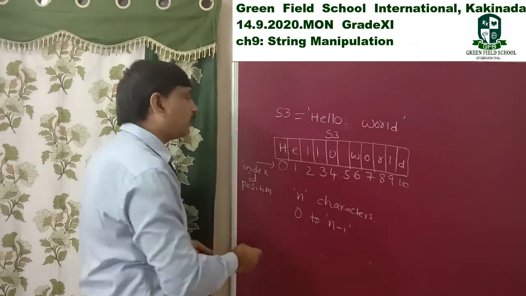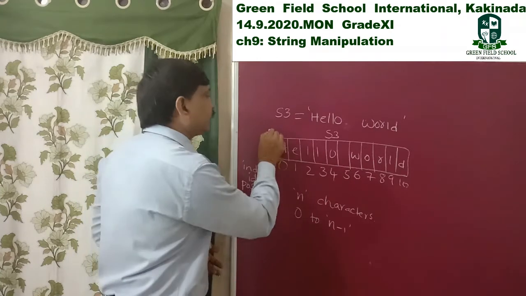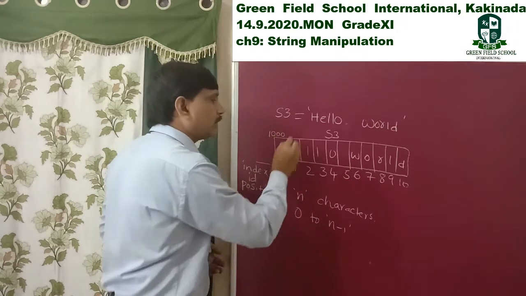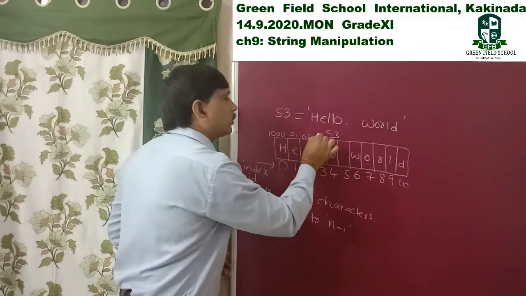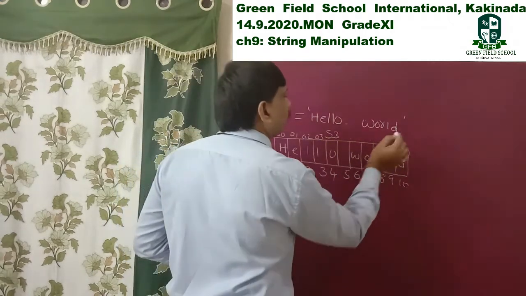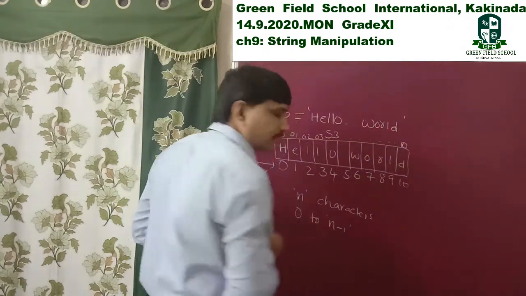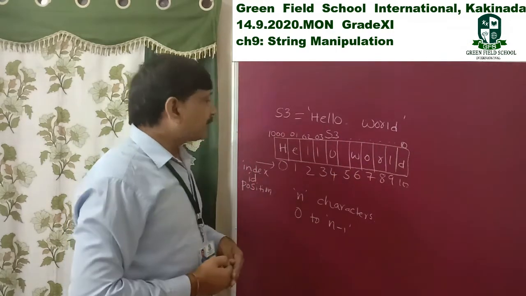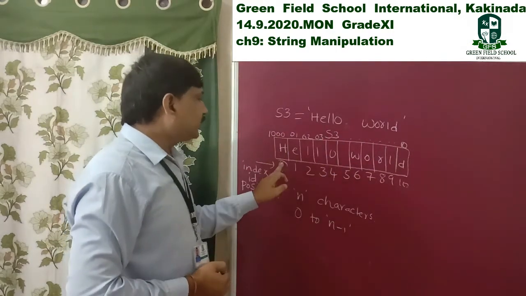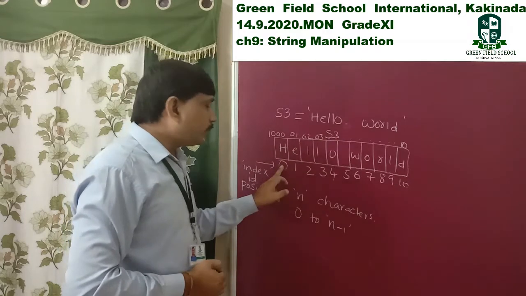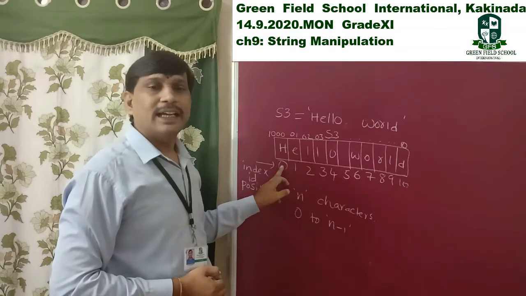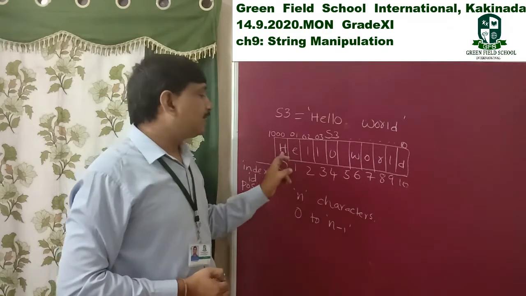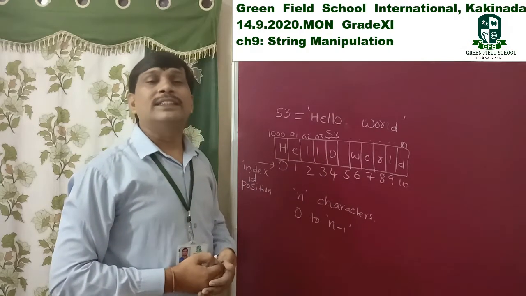S3 means the 1000 memory address location. 1001, 1002, 1003 and so on up to 1010. So 1000 to 1010. I access here S3 of 0. S3 of 0 means by using this index or ID, we access each and every character of the string.